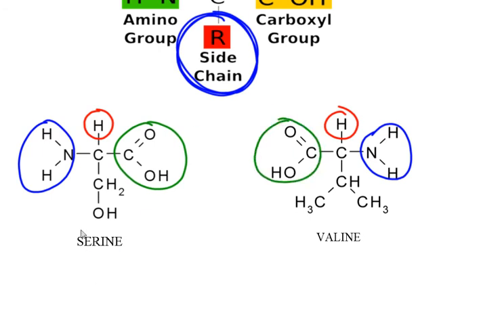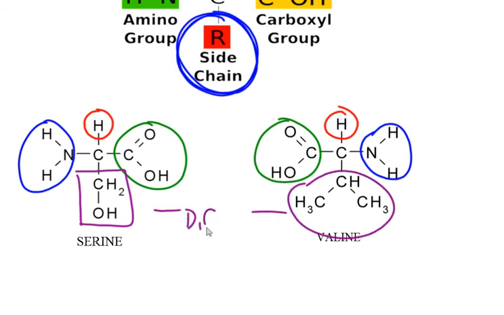But now, when we see what else is bonded, the R group is different. And since the R group is different, that's what leads to different identities of your amino acids. We have 20 different R groups, which leads to 20 different amino acids.